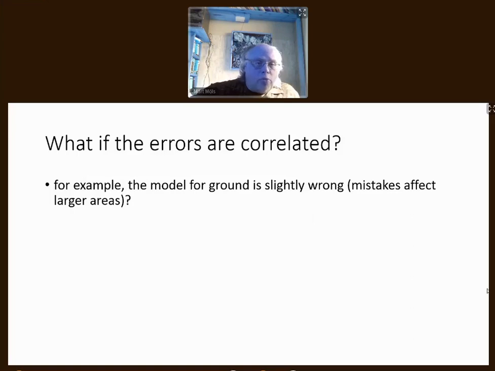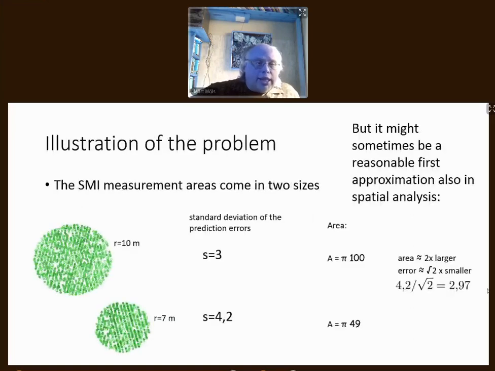This formula would indicate that if we take really small areas, let's say circles with radius 1 meter next to each other, and the errors we make when we predict the forest height for one circle and the next circle were independent of each other, then we could really rely on this type of calculations. But these errors are not always independent.